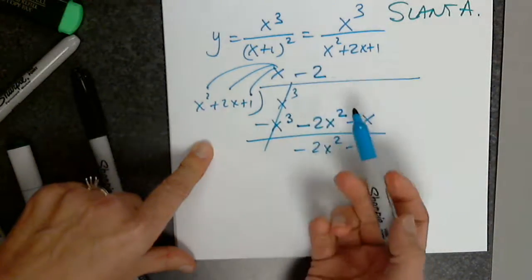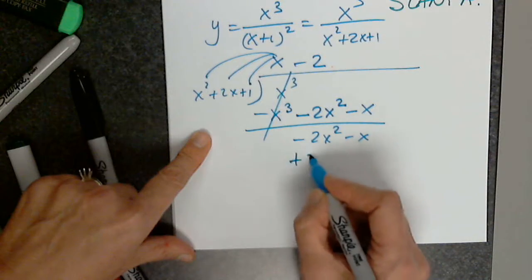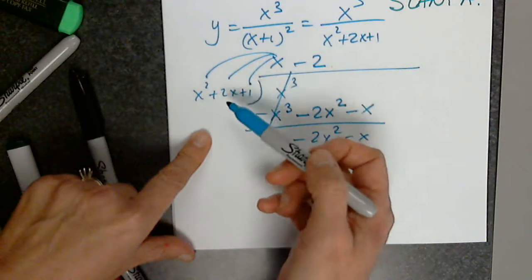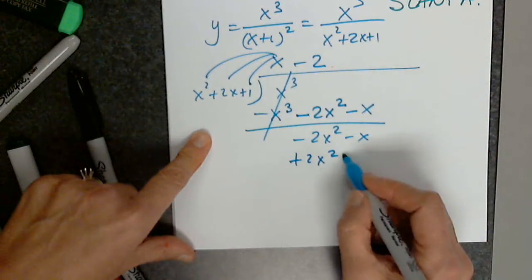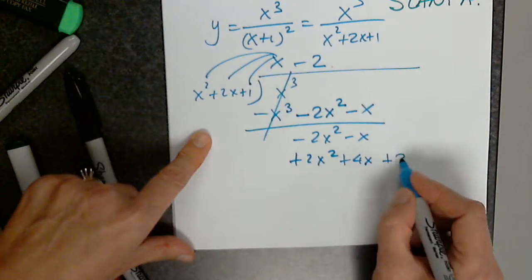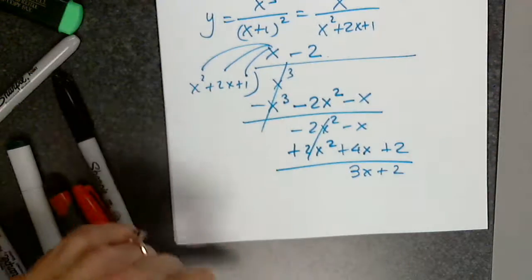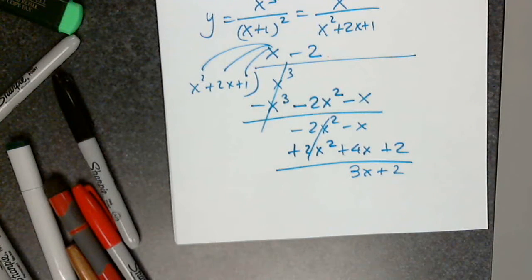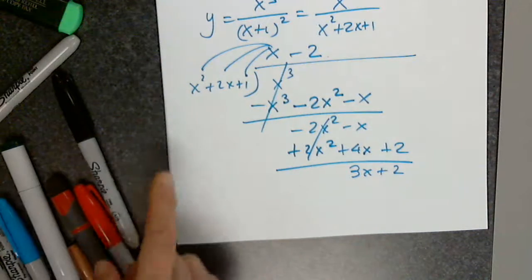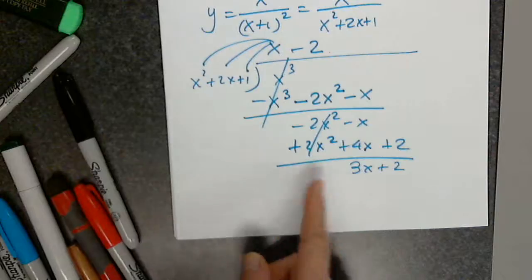Negative 2. To go back, negative 2 times x squared is negative 2x squared plus. Negative 2 times 2x is negative 4x plus. Negative 2 times 1 is negative 2 plus 3x plus 2. And I cannot continue beyond this because I can't find an answer for x squared times what is 3x.